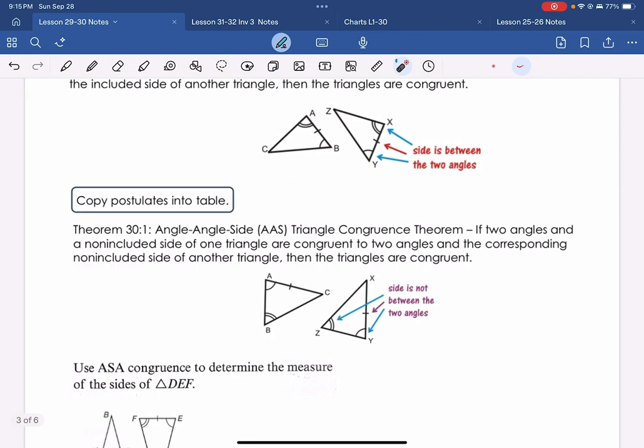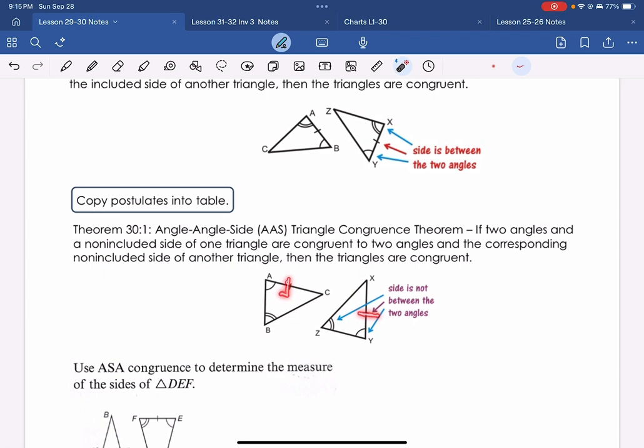Over here, we've got angle, angle, side, in which case if two angles and a non-included side of one triangle are congruent to two angles and the corresponding non-included side of another, then the triangles are congruent. So once again, you'll see this diagram. Notice how the sides are out here. They're not included between the angles.